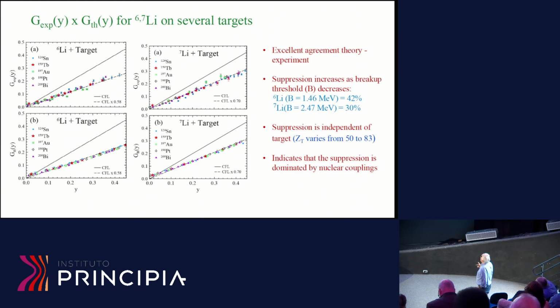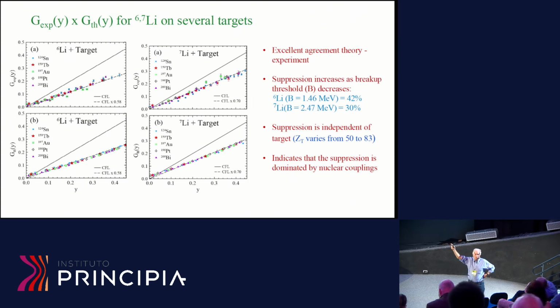The second is that the suppression increases as the binding energy of the weakly bound projectile decreases. In the case of lithium-6, which has a breakup threshold of 1.45 or 47, I don't know, the angular coefficient is 0.58.